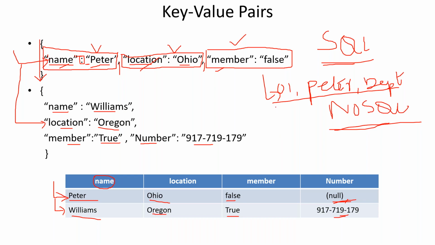Here you need not go with the standard schema, where we have to make sure the data is entered in the right format: employee ID, Peter, department. The JSON system also works the same way. It doesn't follow any standard pattern for entering data. Whatever data is given to you, it picks up.